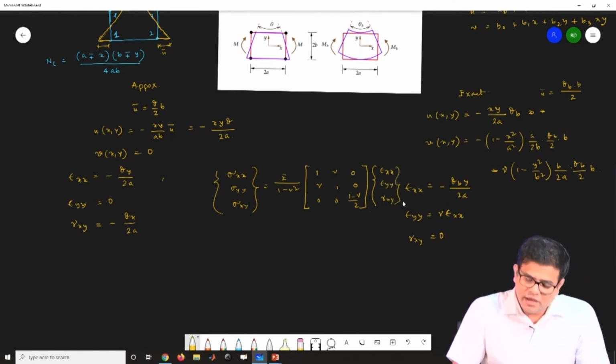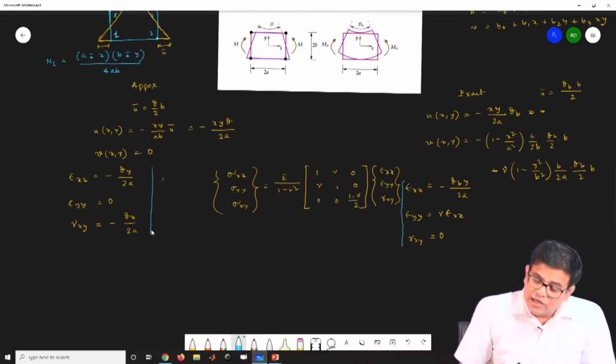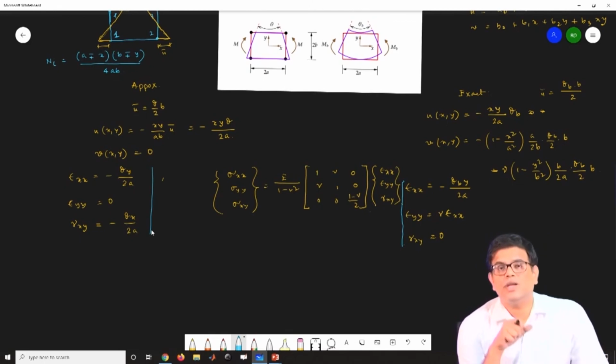From this I can find the strains for the exact solution as well as for the approximation.